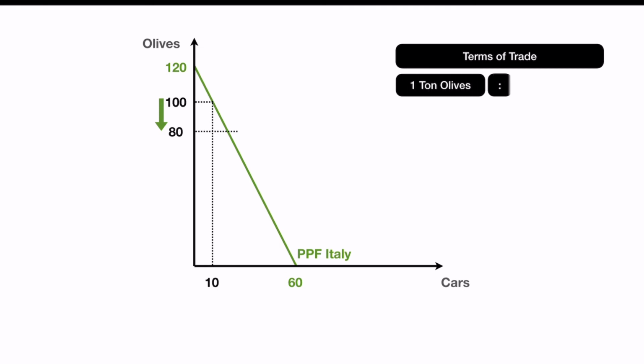At the exchange rate of 1 tonne to 3/4 of a car, they would receive 15,000 extra cars.